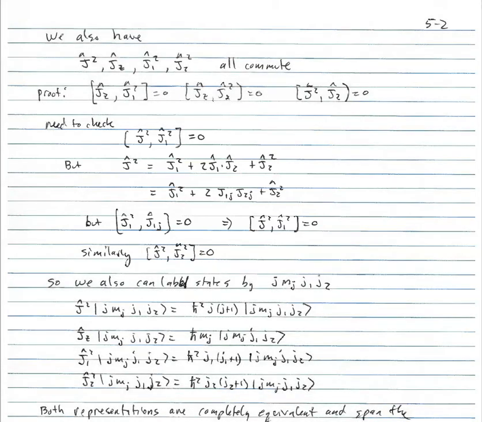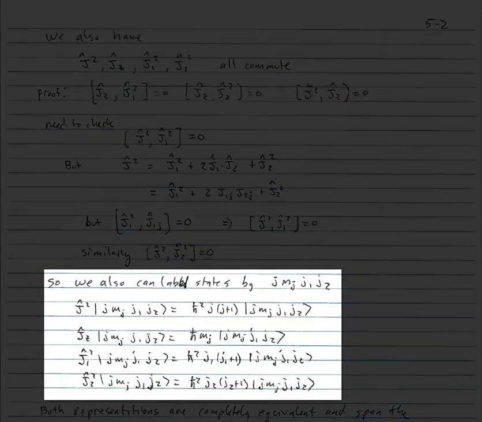Okay, so then these four operators are also a maximally commuting set of operators: total angular momentum squared, z component of total angular momentum, total angular momentum of 1 squared, and total angular momentum of 2 squared.